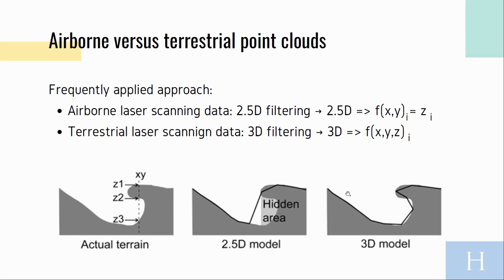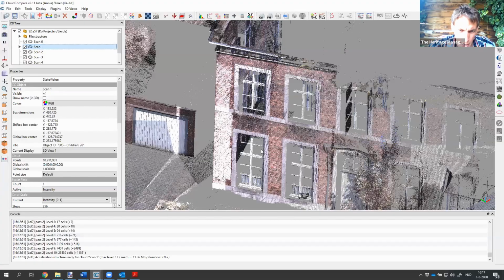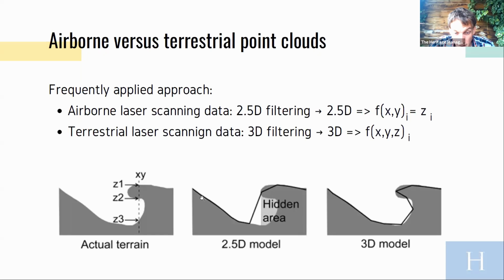Voila. It actually means that if we want to make a model where we take into account these types of undercuts, or where we want to work with the interior windows or the window construction of an architectural monument, the 2.5D is definitely not suitable.